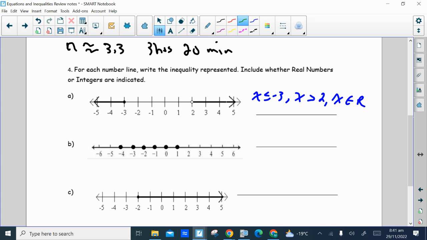It just shows that the number line is going to the left forever. So we'll consider there's no arrow here, meaning it's just these specific values. So we can say that x is greater than or equal to -4, comma, x is less than or equal to 1, and x is an element of integers in this case.